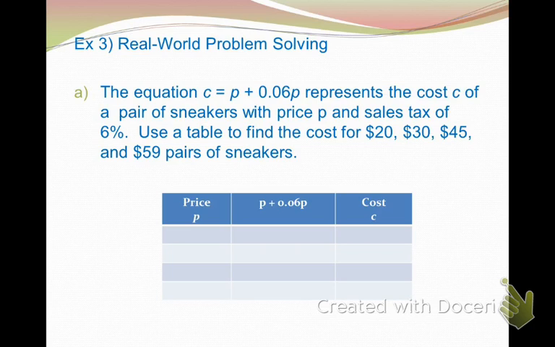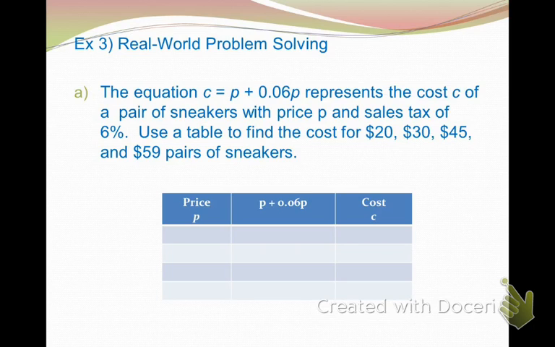Okay. So we have the equation C equals P plus 0.06P, which represents the cost of a pair of sneakers with a price P and a sales tax of 6%. Use a table to find the cost for $20, $30, $45, and $59.